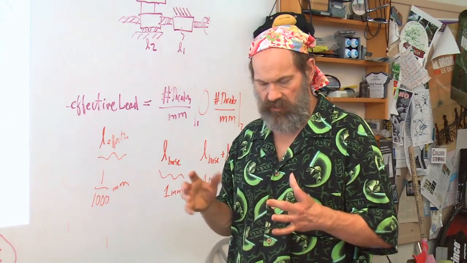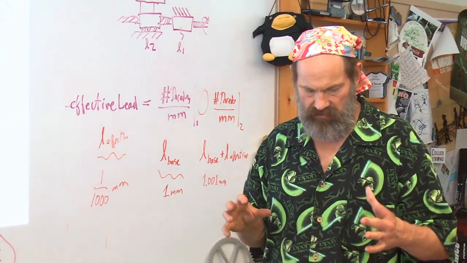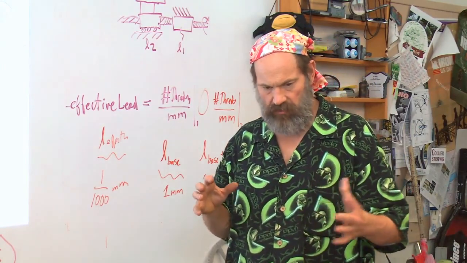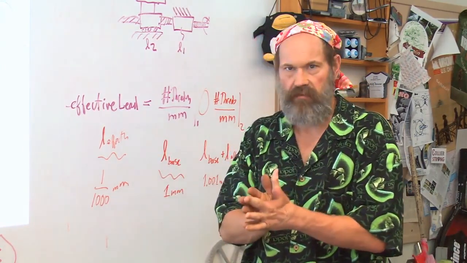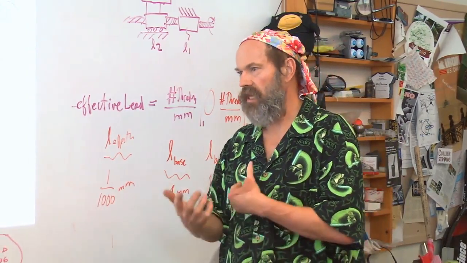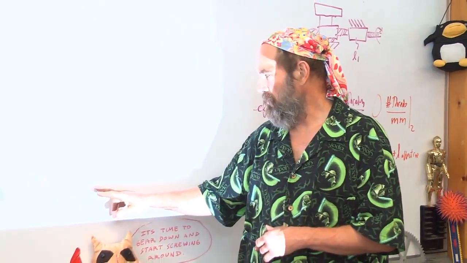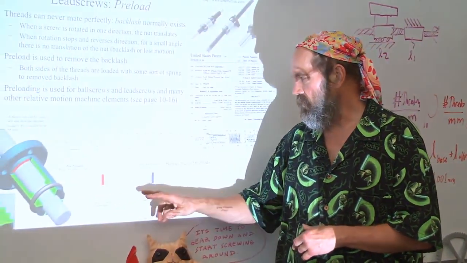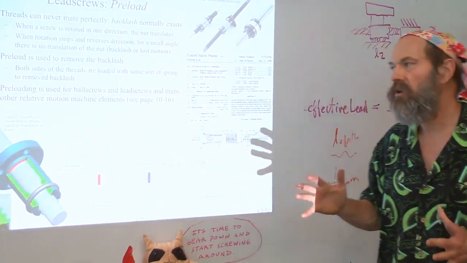This nut, when I'm going this way, is feeling really good. There's no backlash, but when I reverse direction, you got to pull it back and you have this lost motion. So you use typically 2 nuts mounted back to back. Or if it's a rolling element contact thread, you can use the balls that are loaded in the grooves such that the balls are preloading the grooves and spreading them apart.